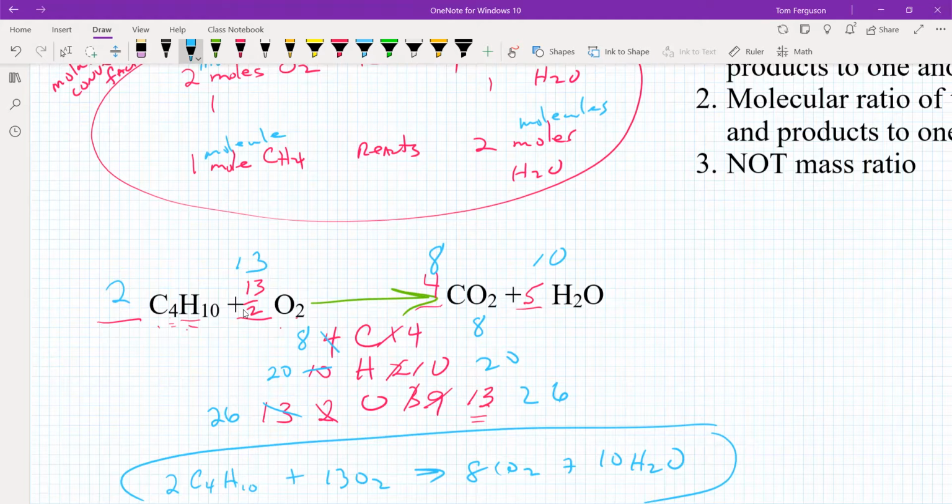So this 13/2 is just an intermediate fraction or equation, okay? So it's okay to use fractions just to get it balanced, then clear the fractions afterwards. And usually it's going to be 2. Sometimes it's 3, but most of the time, I would say 95% of the time, usually you're multiplying everything by 2.